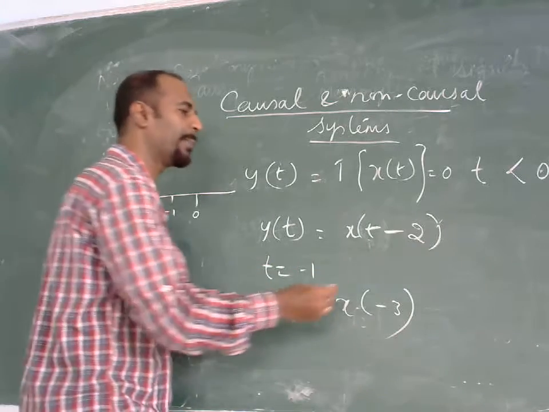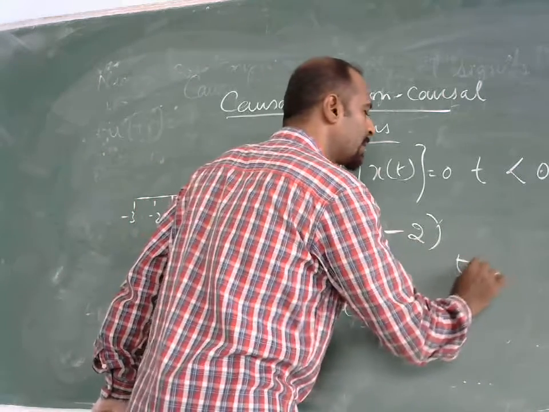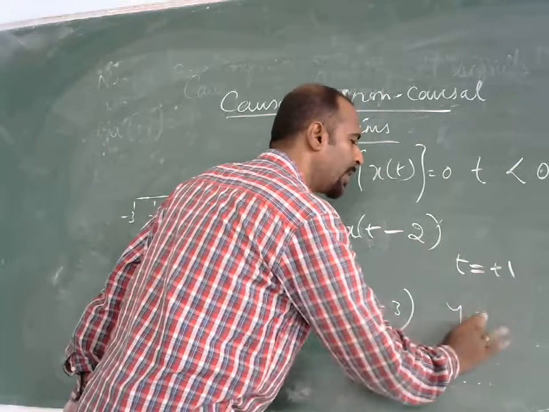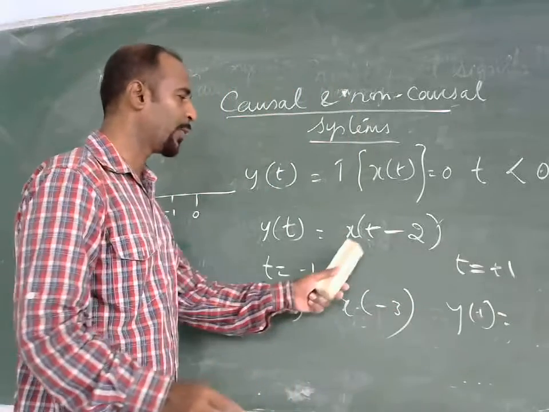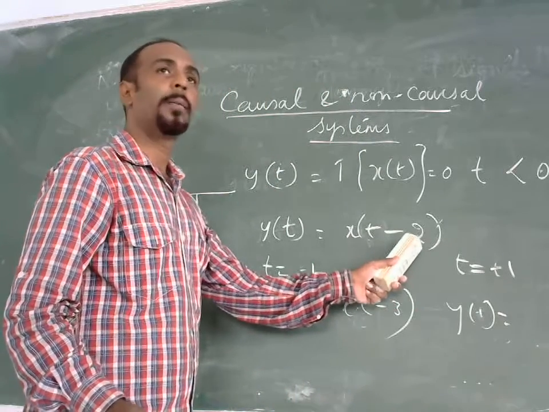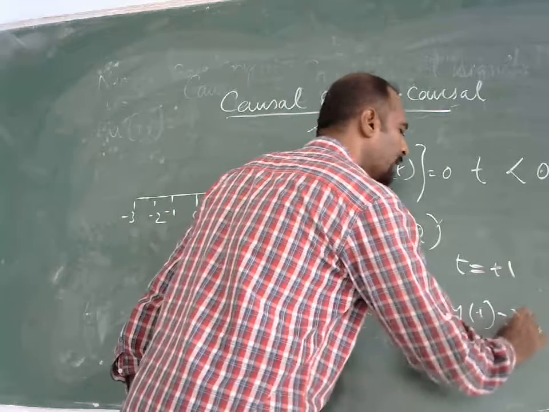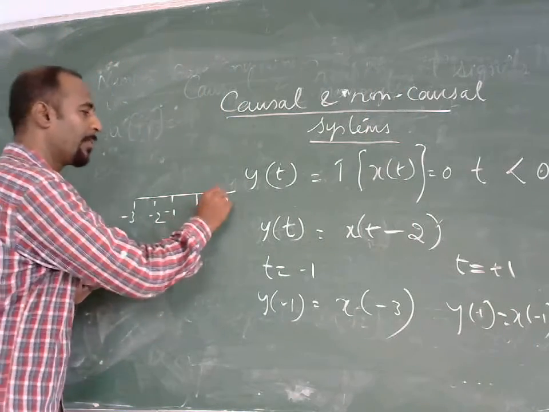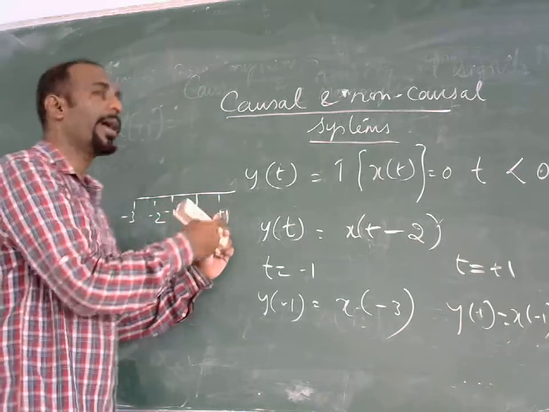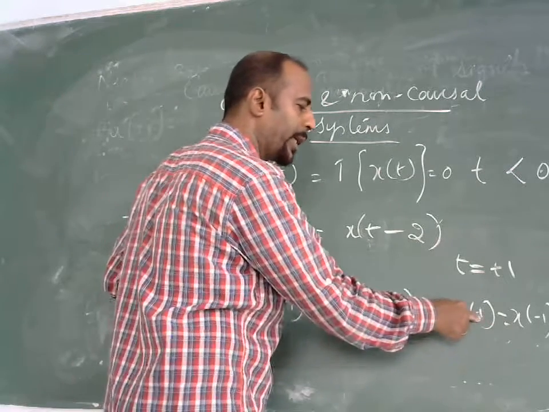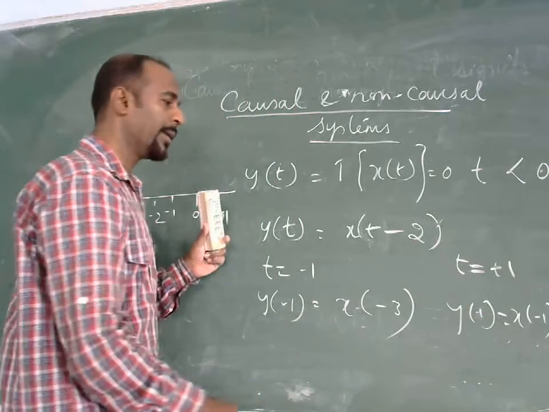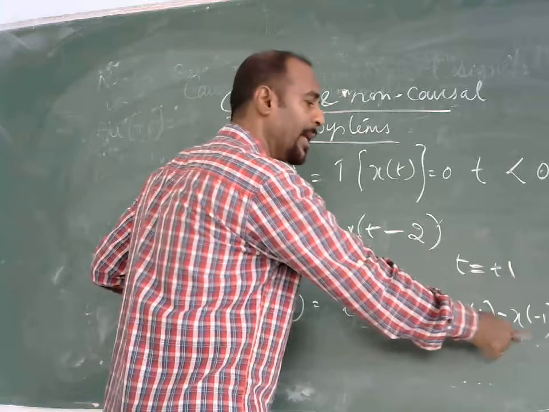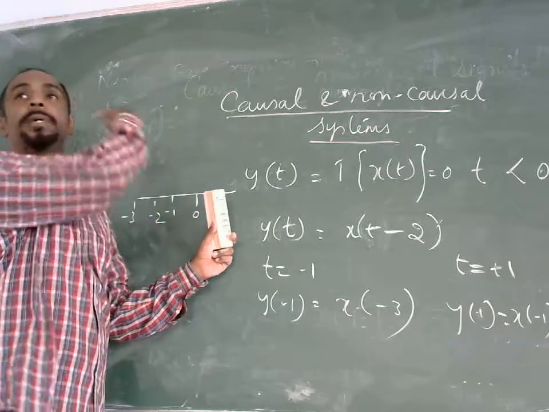Now let me talk of the positive values. At t equals plus 1, y of plus 1 is equal to what? x of plus 1 minus 2, which is x of minus 1. So when I am talking about the output at plus 1, the output is depending upon the past value of the input, where minus 1 is behind me.